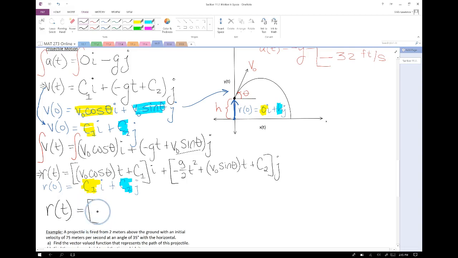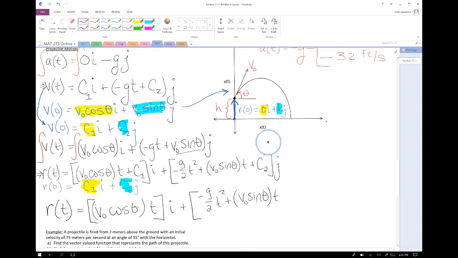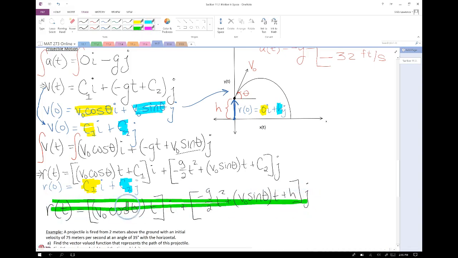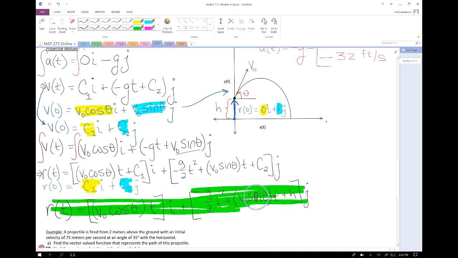So we've got V sub 0 cosine theta t, C1 was equal to 0, so we can just leave that off, plus negative g over 2 t squared plus V sub 0 sine theta t, and then C2 was equal to h for our j component.